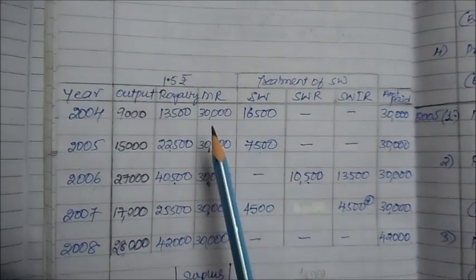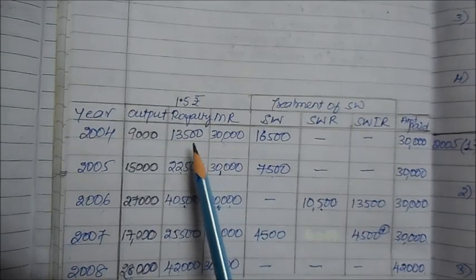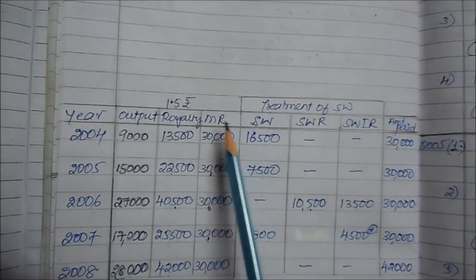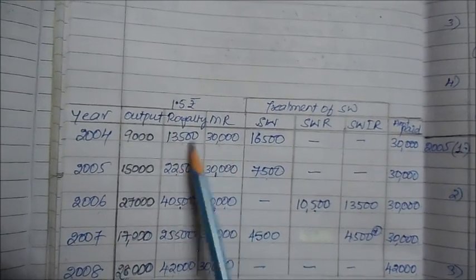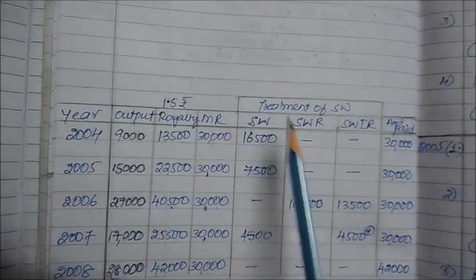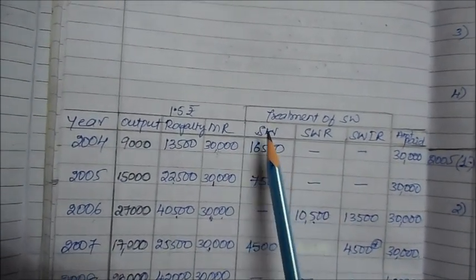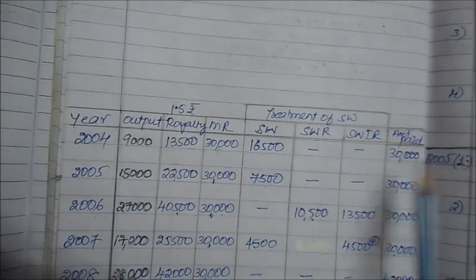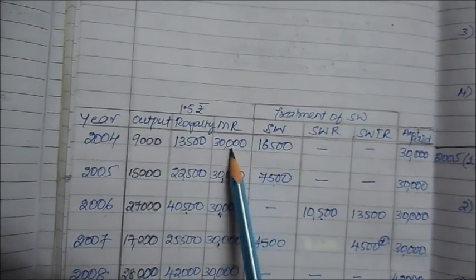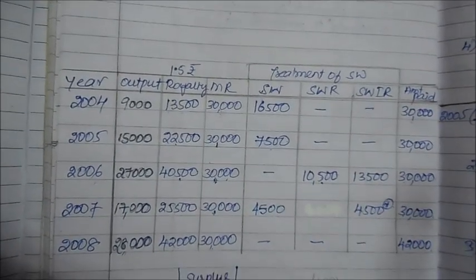Now it says minimum rent is more than the actual royalty. Whenever what you are expected to pay is less and what you actually paid is more, the difference between the two is a loss. You paid extra money. In accounting terms, you call it short working. Whatever amount you pay at the end of the year will include royalty plus short working, together called minimum rent, 30,000. Easy to understand?